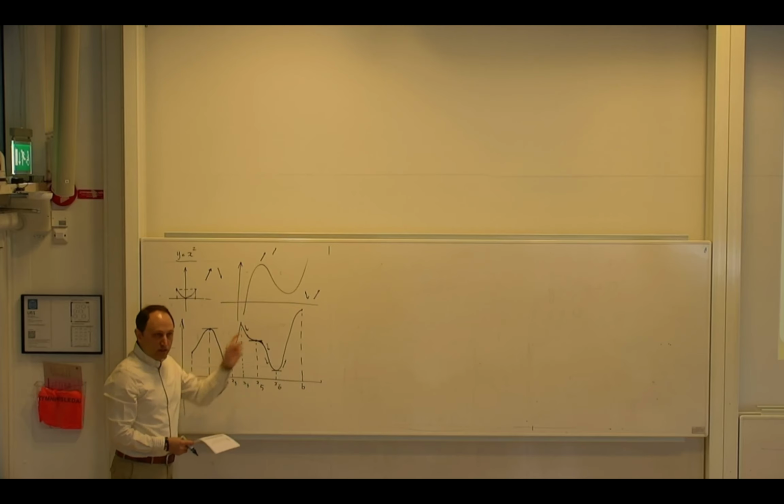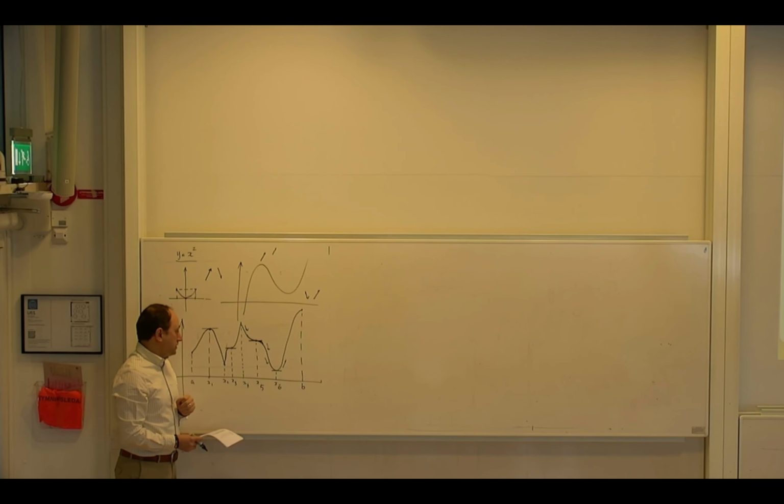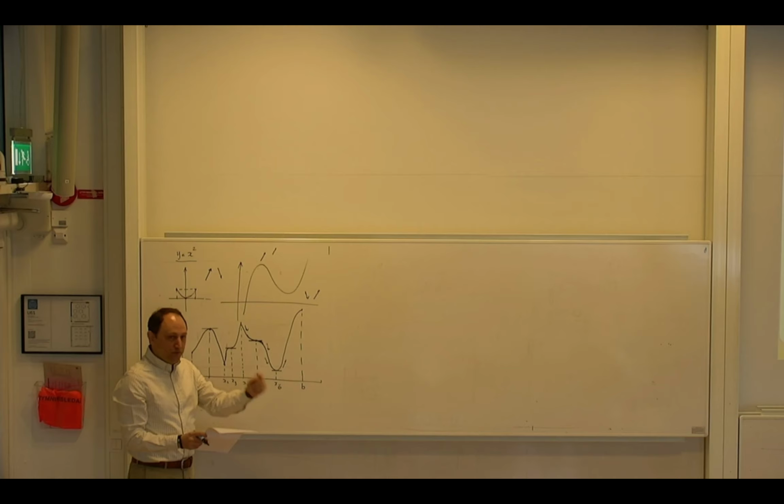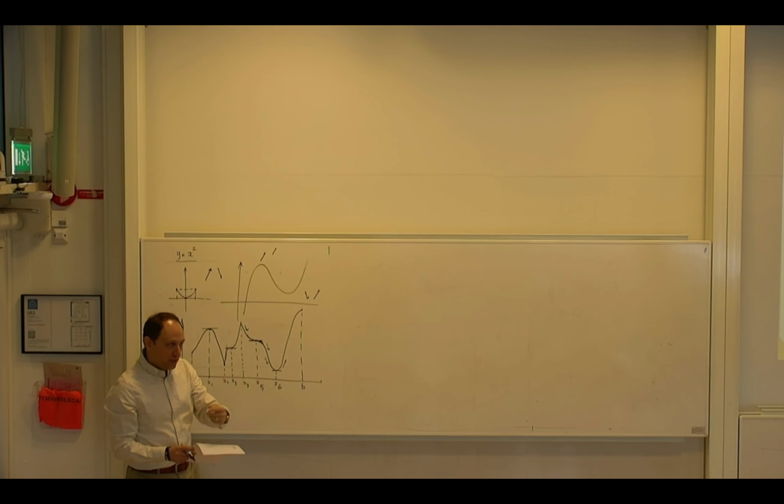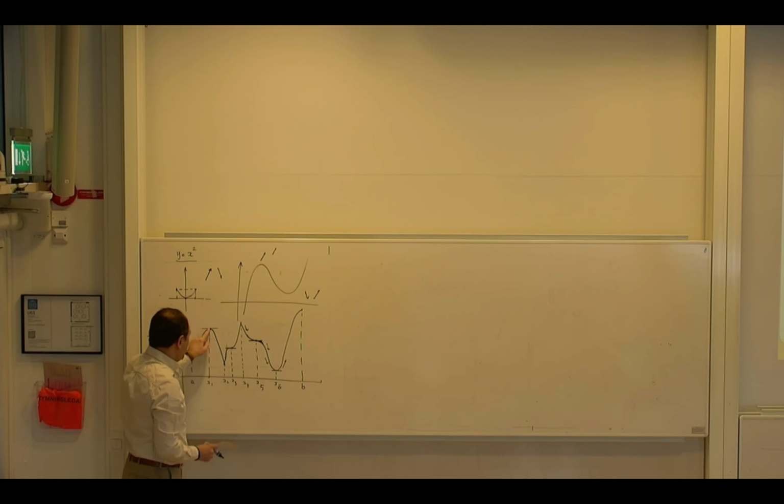And at these points the derivative does not exist. But still, here I have a local minimum and here I have a local maximum. So if I just limit myself to taking the derivative and putting it equal to 0, I get some candidates for this, this, this, and that, but I will never get a candidate for this one and that one.